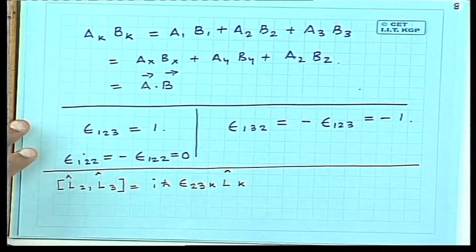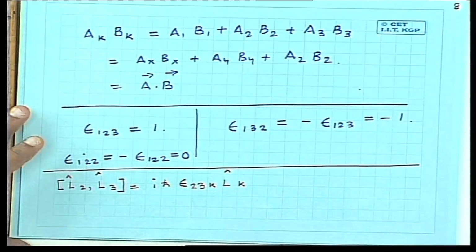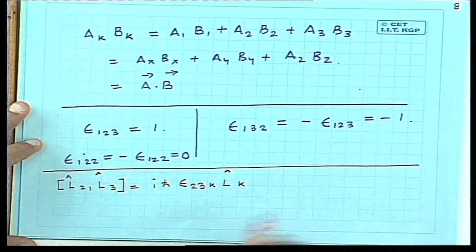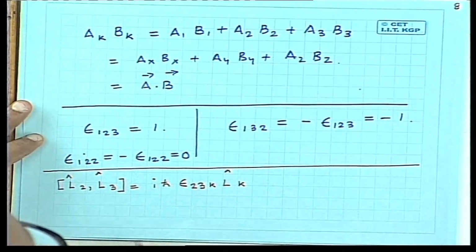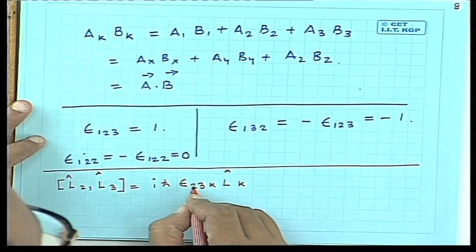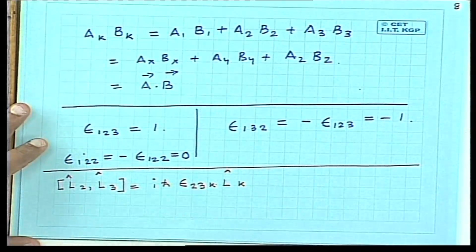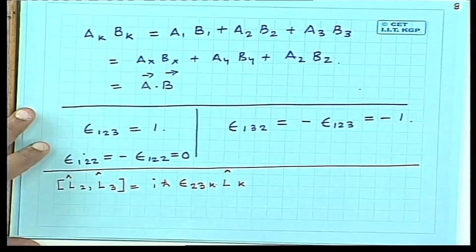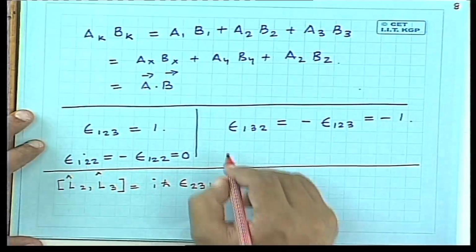I also told you that if any index is repeated, it has to be summed over all possible values. So k will take all possible values, which means it will go over 1, 2 and 3. When k is 1, we have epsilon 2, 3, 1. Now how much is epsilon 2, 3, 1 is the question.